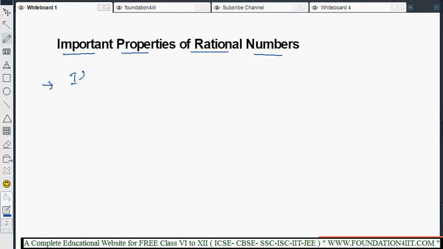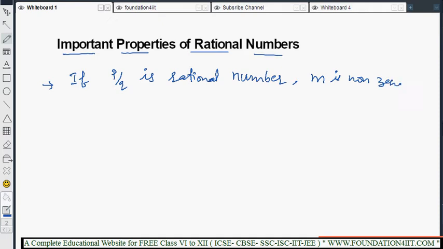Okay, I'll write here. If p by q is a rational number and m is a non-zero integer, then the first property we can write is that p by q is equal to p into m by q into m.